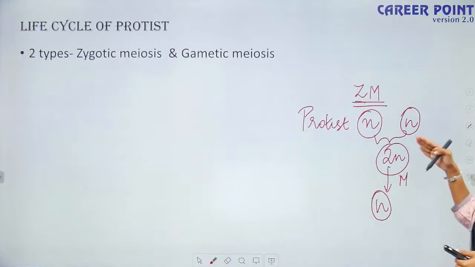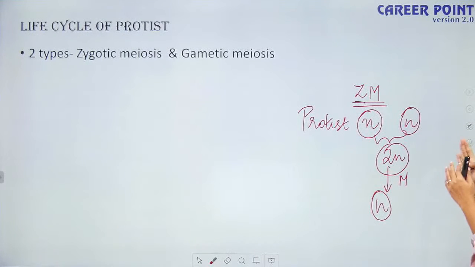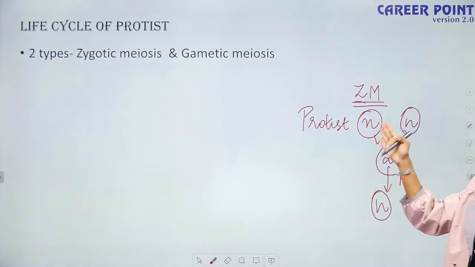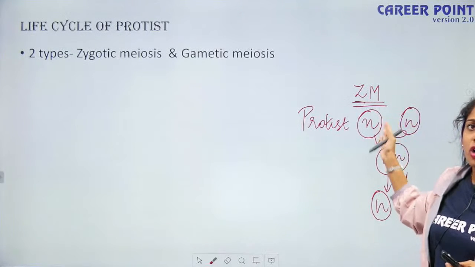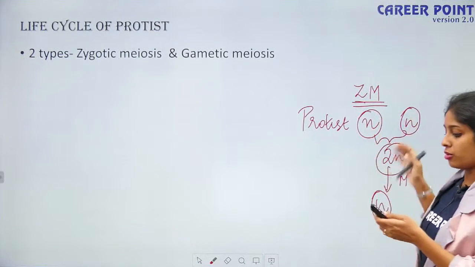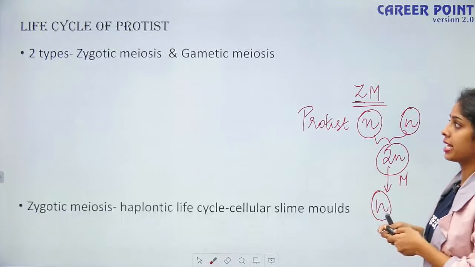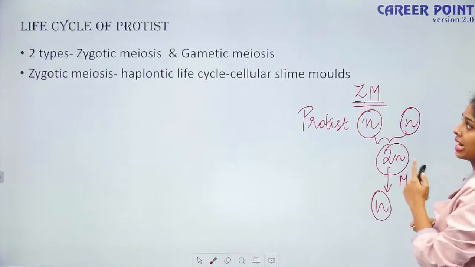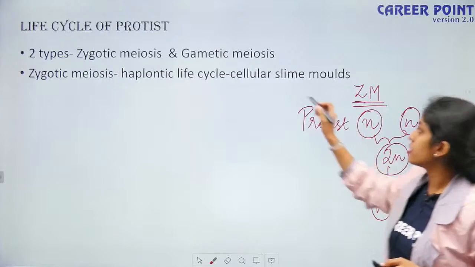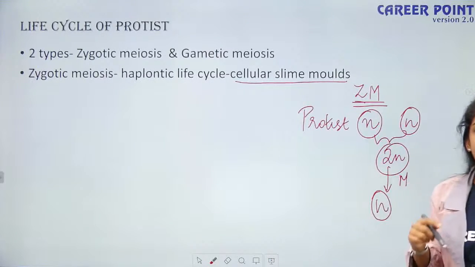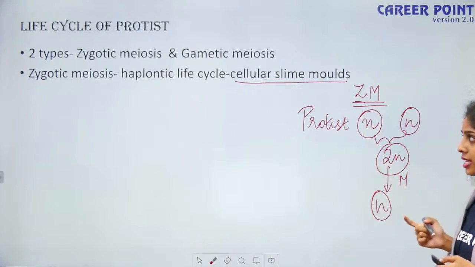So meiosis proceeds after the zygote is produced. This is called zygotic, and here the ploidy of your protist is haploid, so it is called your haploid cycle. Fine, it is the haplontic life cycle, and examples are cellular slime molds. Examples are also important, so remember the examples.